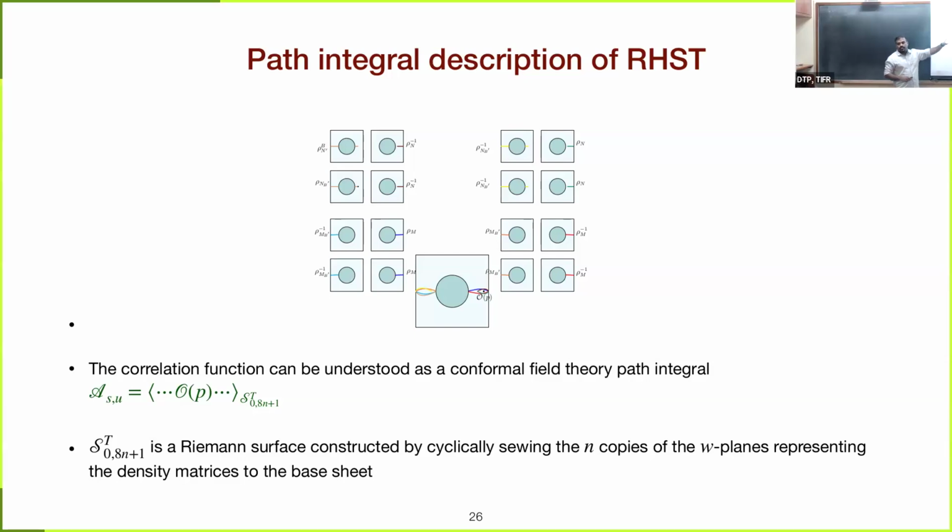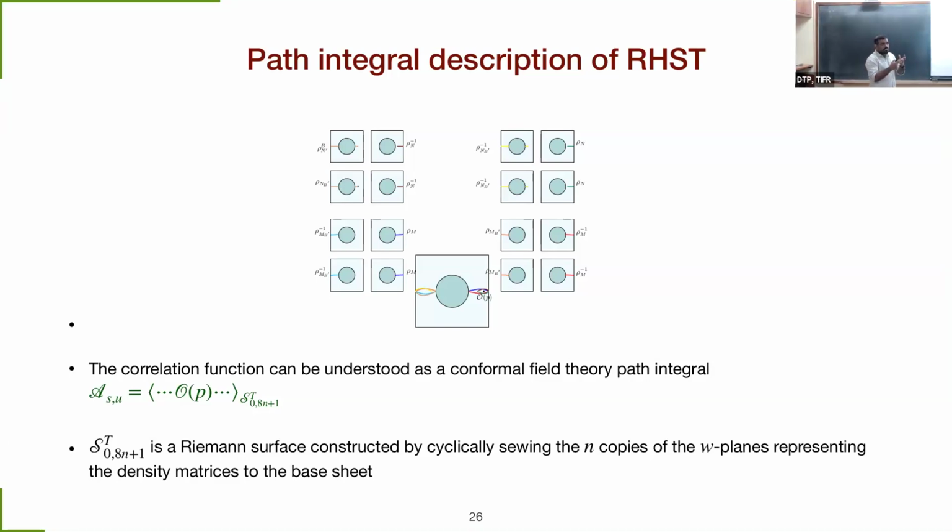This will be thought of as a trivial saddle for the full path integral, and the geometry is obtained by doing an appropriate gluing in the right locations. So we can specify what this Riemann surface is. Your correlation function calculation is now a CFT correlation function calculation on a different geometry.